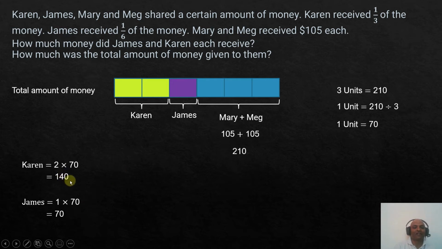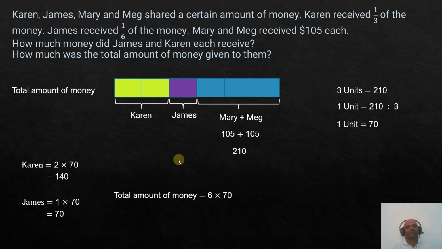So Karen has got $140. James has got $70. And the total amount of money with all of them is, if you look at it, there are totally 6 units. So 6 times 70, which is $420. So that is the total amount of money with all 4 of them.